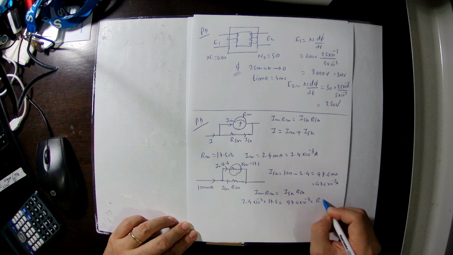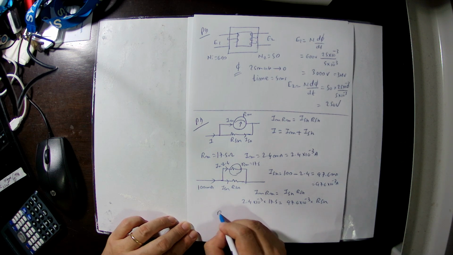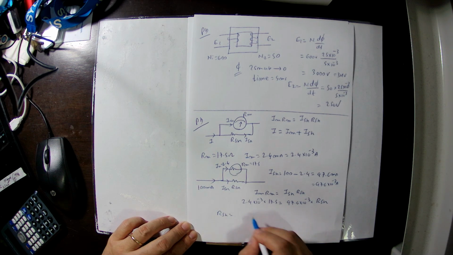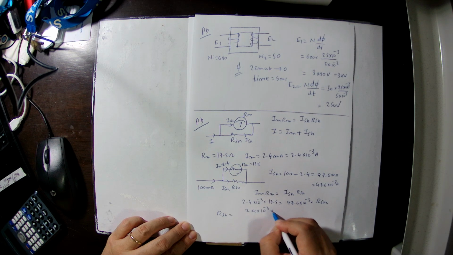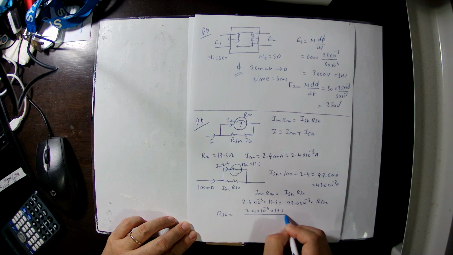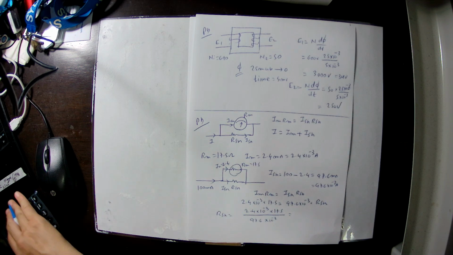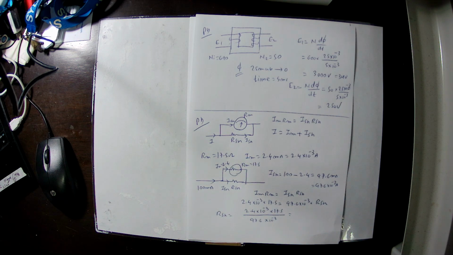So RSH equals 2.4 into 10 power minus 3 into 17.5 divided by 97.6 into 10 power minus 3, which is 2.4 multiplied by 17.5 divided by 97.6.